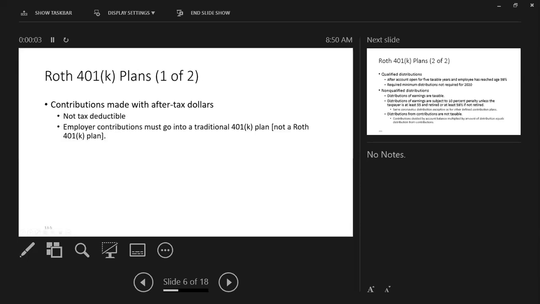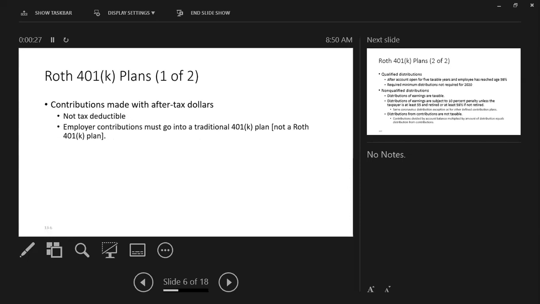We talked about 401ks. Now there are Roth 401k plans that could be made through your employer. Remember, in the traditional IRA, your money isn't taxed before it's contributed. In a Roth 401k, your money would be taxed, okay? And then it would be contributed.